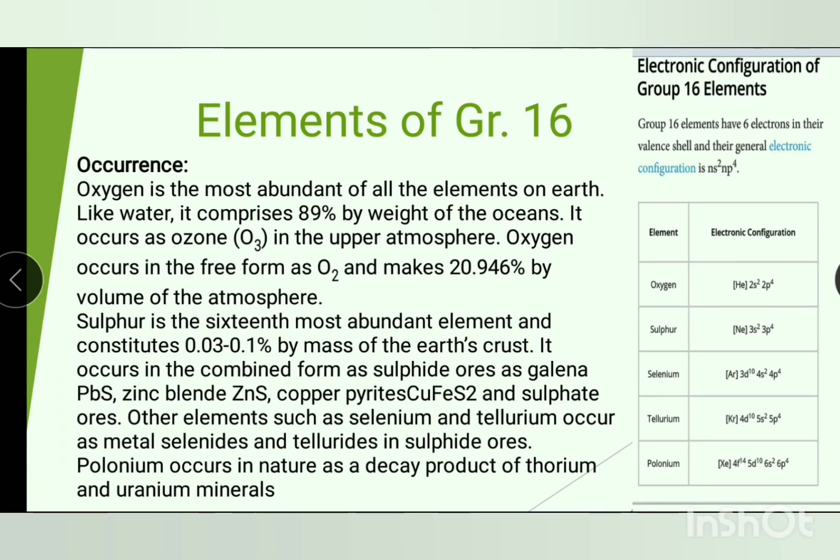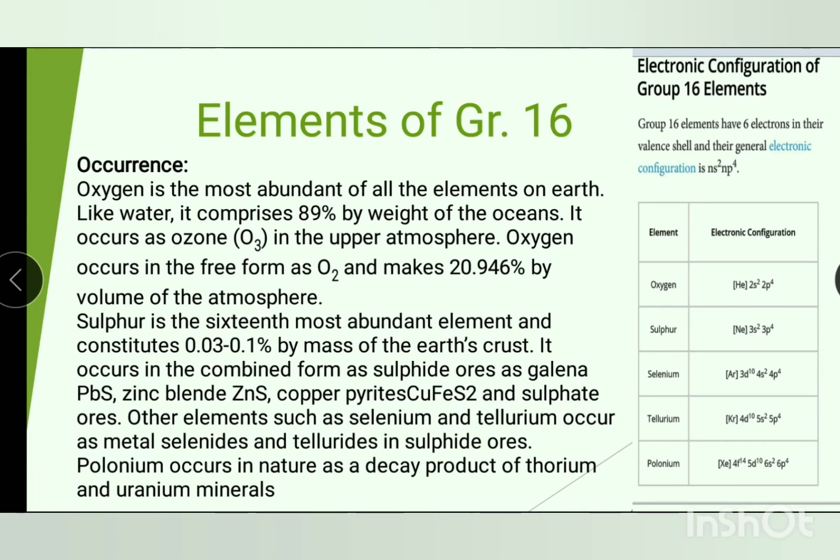Sulfur occurs mainly in combined forms as sulfates such as gypsum, calcium sulfate twice H2O, then galena, sulfide of lead, zinc blende, sulfide of zinc, and copper pyrites, the common sulfide of copper and iron.